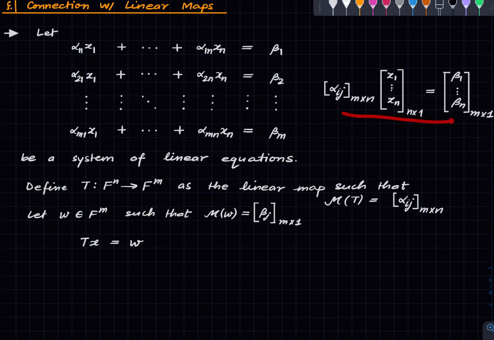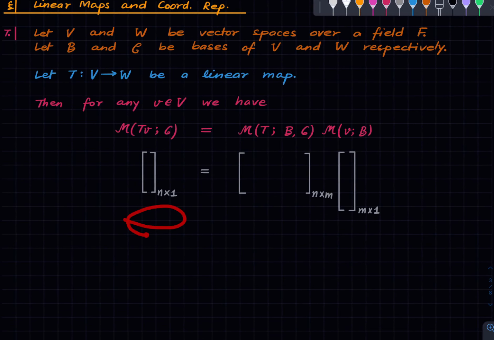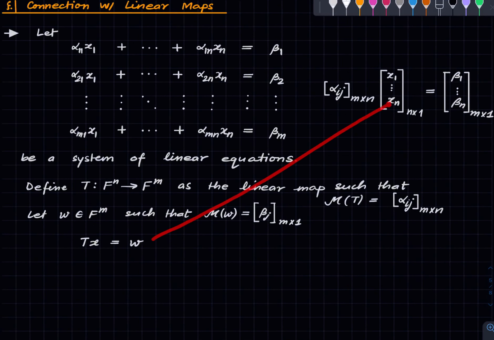Instead of solving this matrix equation, you may solve this linear algebra equation. The difference between the two is rather subtle. All you do is take the matrix representation of both with respect to the standard basis vectors and use the theorem that we stated, this guy, and you will see that the two are exactly the same. Okay, so that is the connection with linear maps.